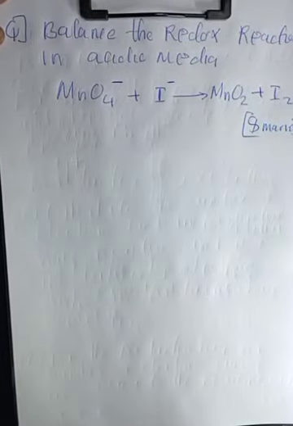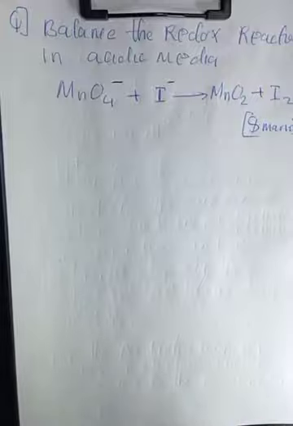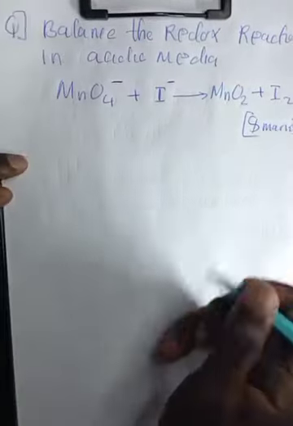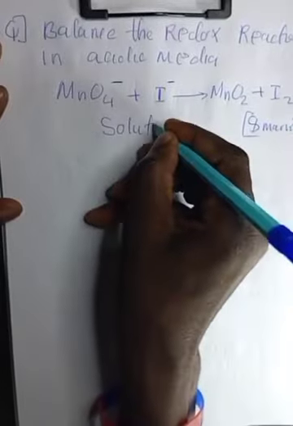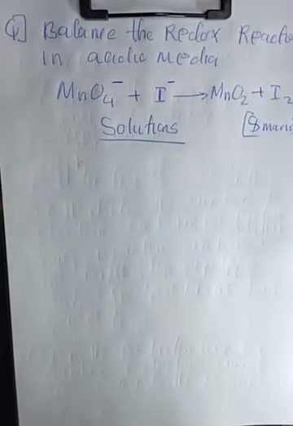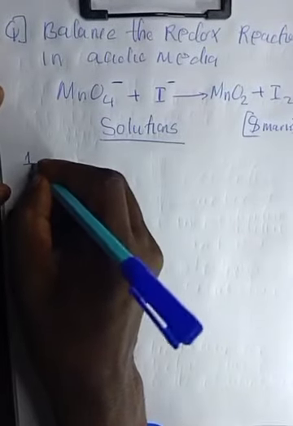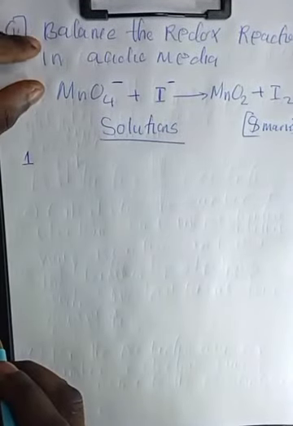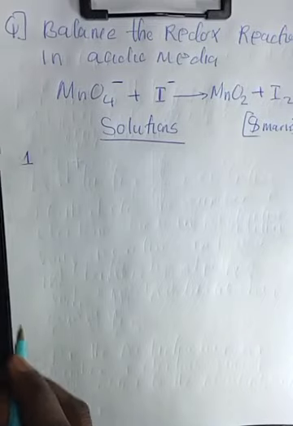So we start. This is the question we have here. So we need to balance this reaction. Let's begin. Solutions. Number 1, we said that we have to assign oxidation numbers to all the elements except hydrogen and oxygen.